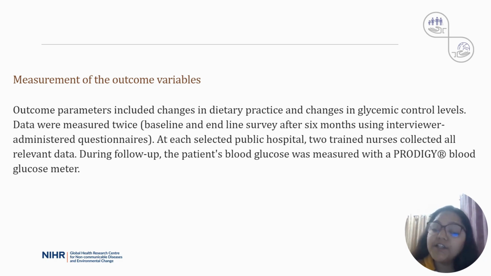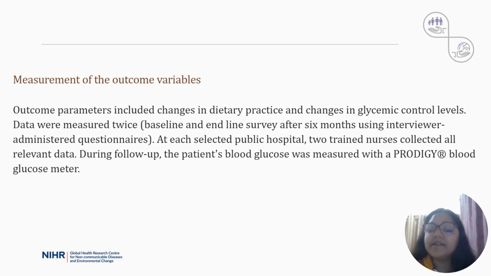In addition, they also talk about measuring the fasting blood glucose level of the patients. So they are looking at multiple outcomes. Maybe fasting blood sugar is a proxy measure for assessing the outcome of interest, which is dietary adherence.